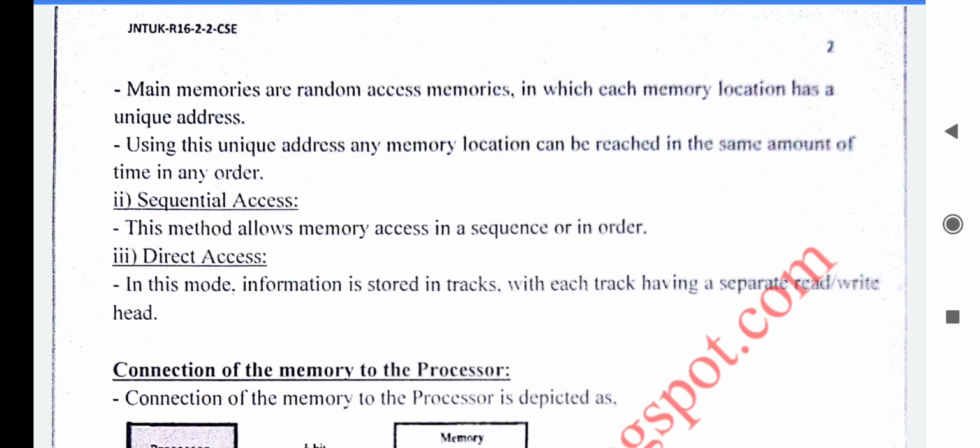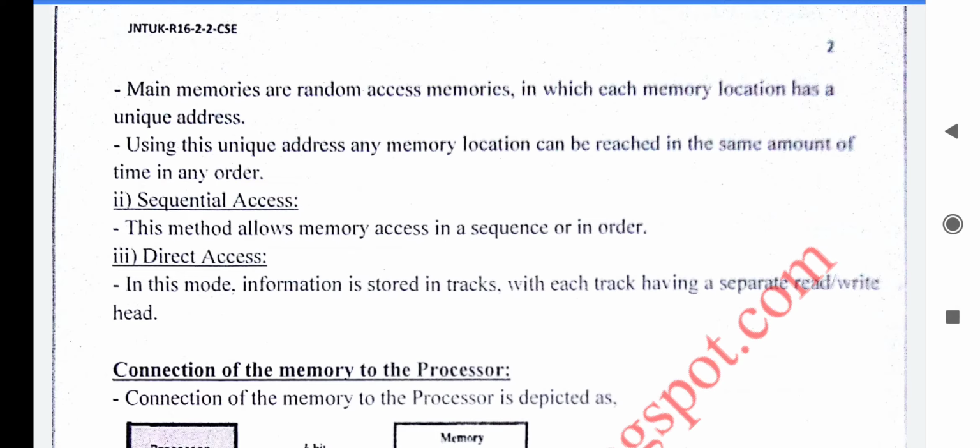Unique means for each and every location we have a different address, so we access randomly. Using this unique address, any memory location can be reached in the same amount of time in any order.